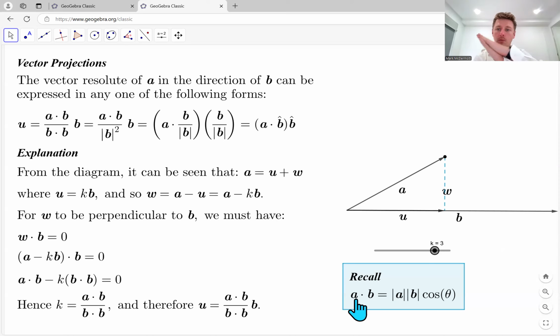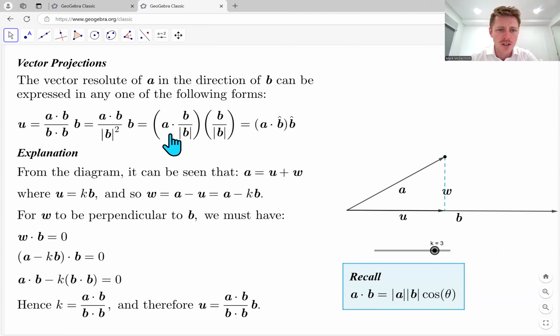If you've got the dot product between two vectors that are pointing in the same direction, the angle between them is 0, and cosine of 0 is 1. So in this case, B dotted with B equals the magnitude of B multiplied by the magnitude of B multiplied by 1. So it'd just be the magnitude of B squared.